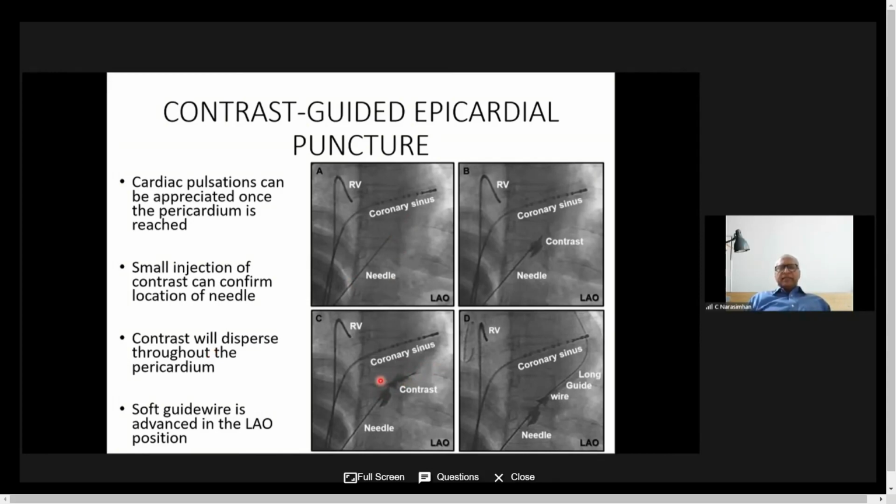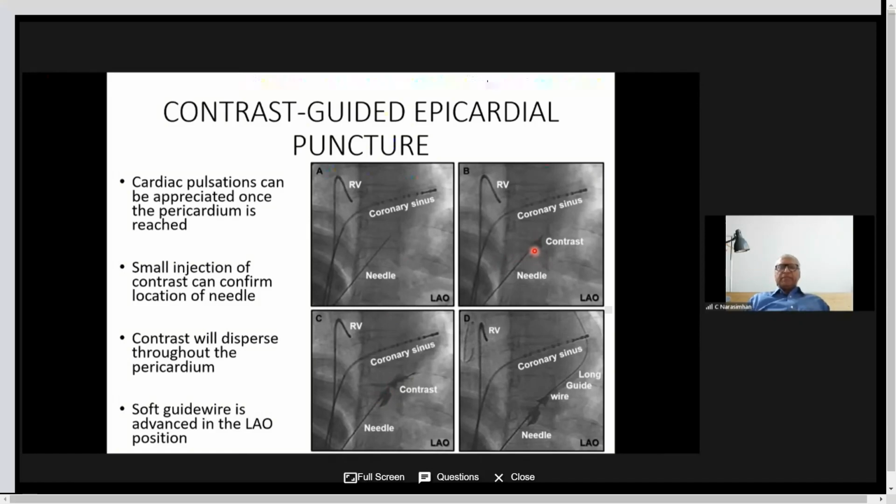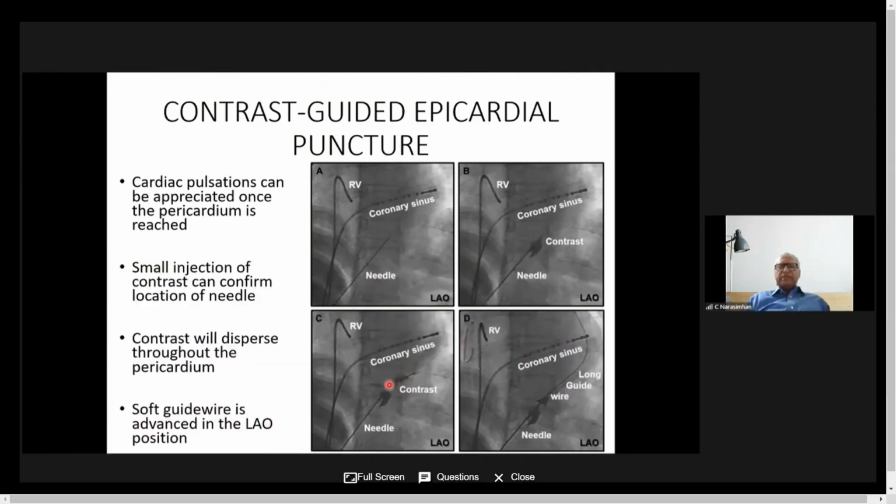As long as you're below the diaphragm, below the pericardium, the contrast will be just linear staining like this. But the moment you reach the pericardial surface, you will have a layering of contrast on the inferior border. The moment you see that, you advance the needle and you can get into the pericardial space without much of a problem.